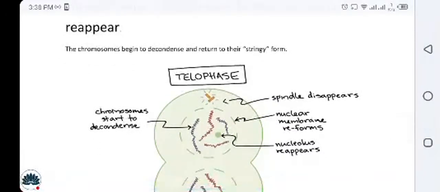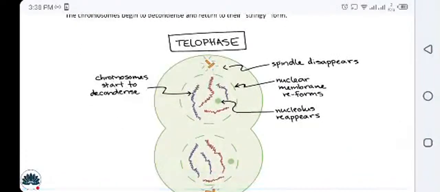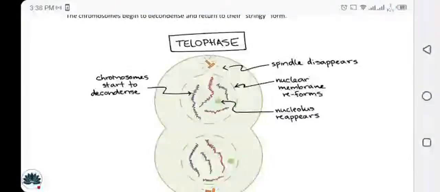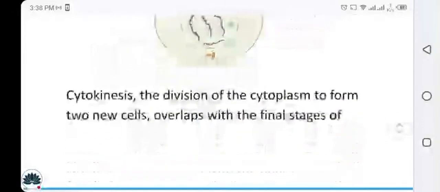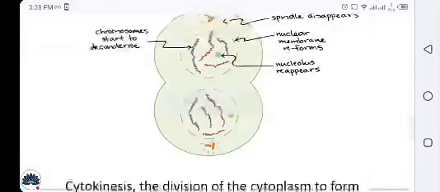The chromosomes begin to decondense and return to their stringy form. As you can see in the telophase, the chromosomes start to decondense. Okay, the spindle disappears, the nuclear membrane reforms, and the nucleus reappears. And this is how two identical daughter cells are formed.